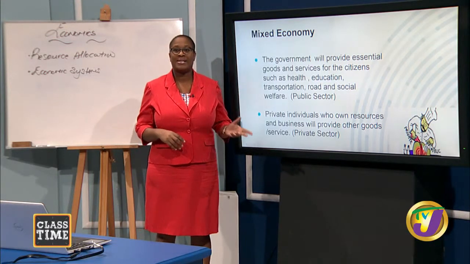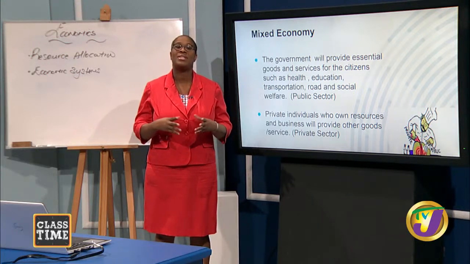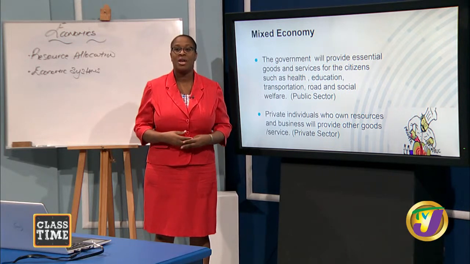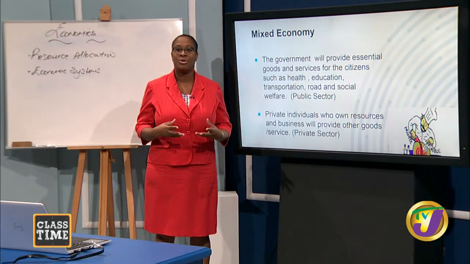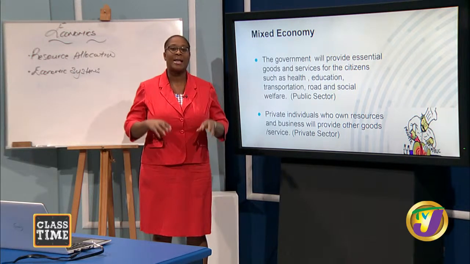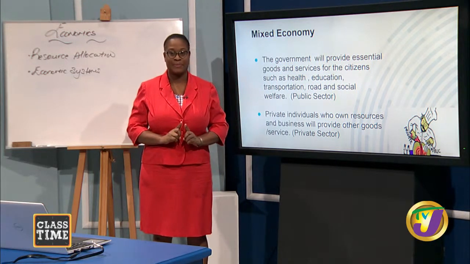You'll find, as I said before, that the government will provide essential goods and services for the citizens, such as health, education, transportation, roads, and other social welfare for the citizens. And that whole sector is referred to as the public sector.